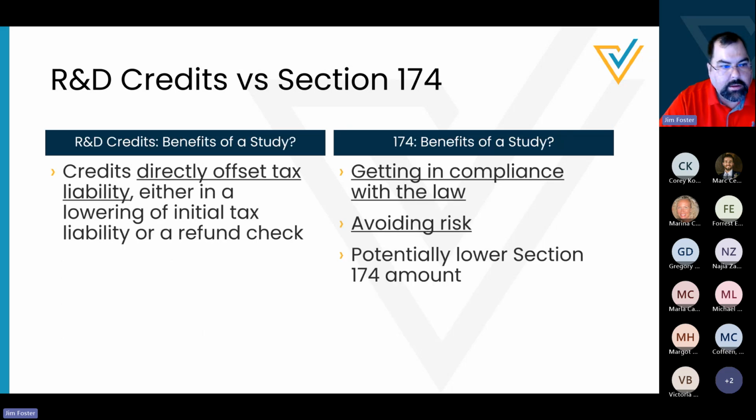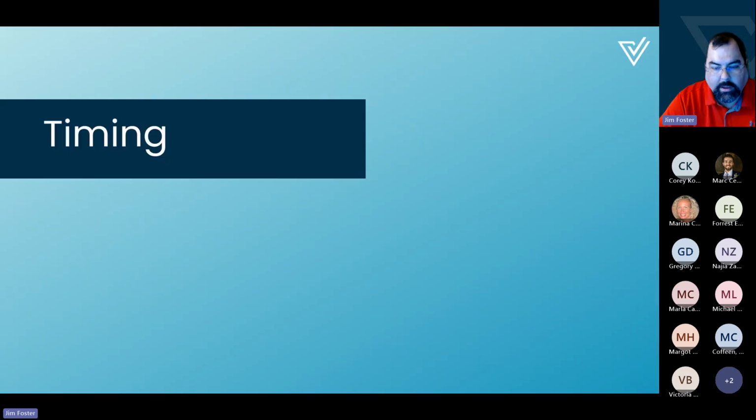Now, the final thing is credits directly offset the tax liability, either in the form of initial tax liability in your current year or a refund check from a past year. The benefits of a 174 study is getting in compliance with the law, avoiding risk, and potentially lowering your 174 amount if you've already done it.